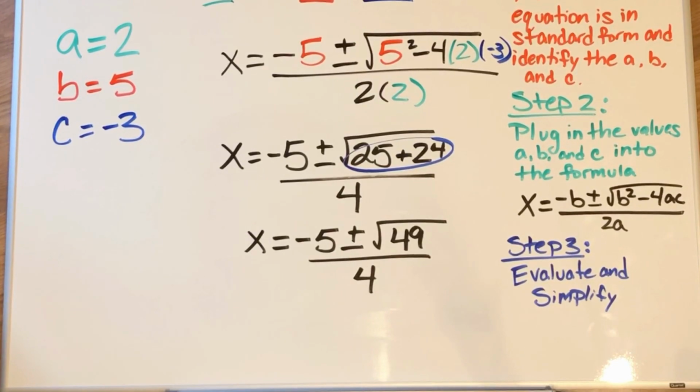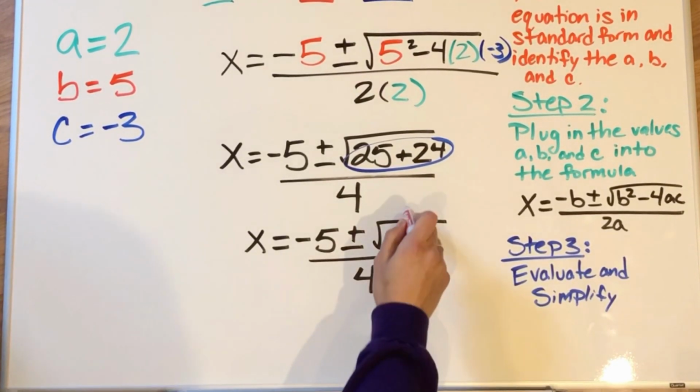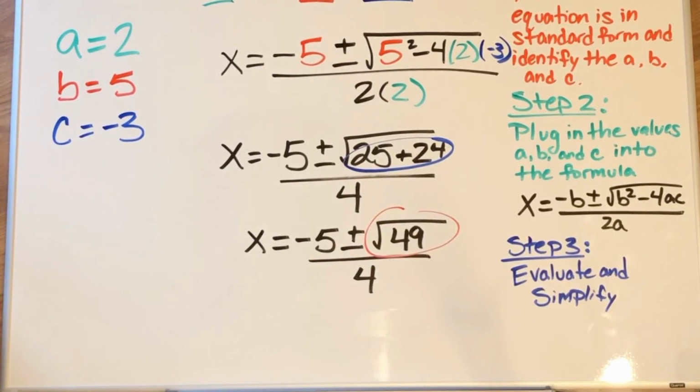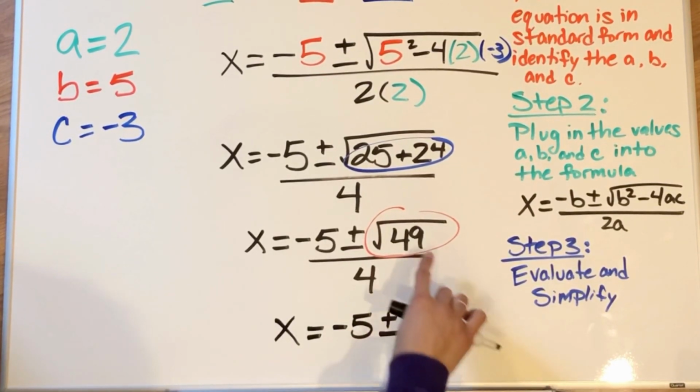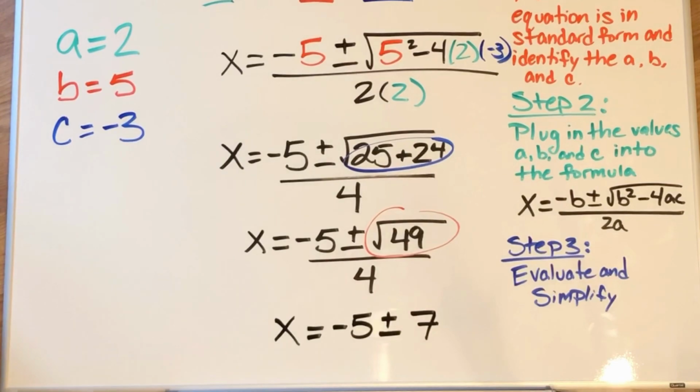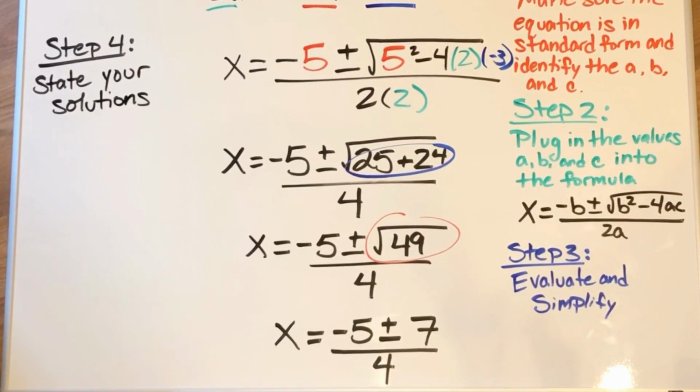Let's take this one step further and simplify the square root of 49. x equals -5 plus minus 7, because that's the square root of 49, and still, again, keeping our division sign, over 4. If we're looking at this and we say -5 plus or minus 7 over 4 looks like a weird answer, you would be correct.